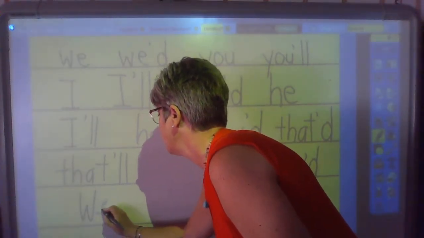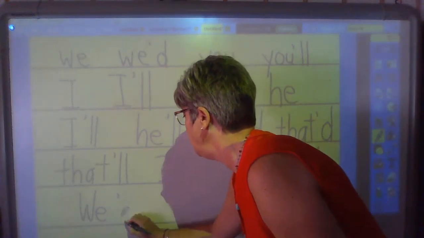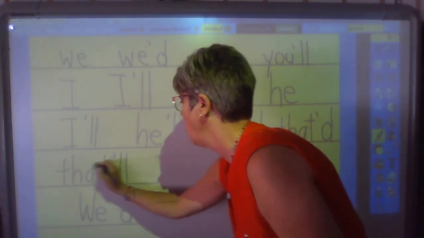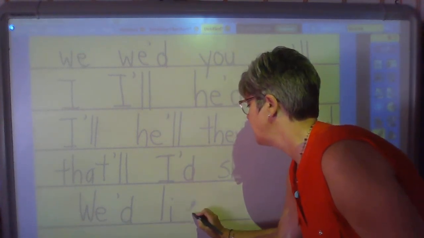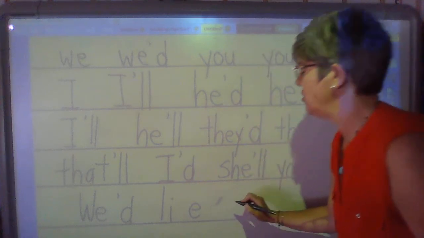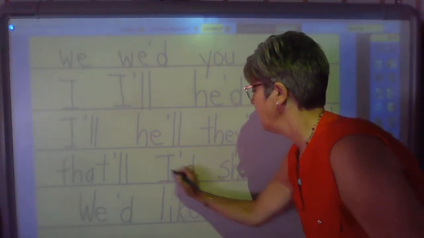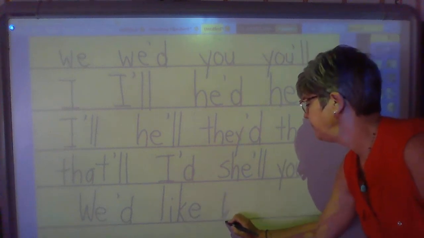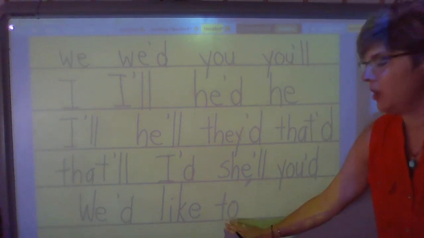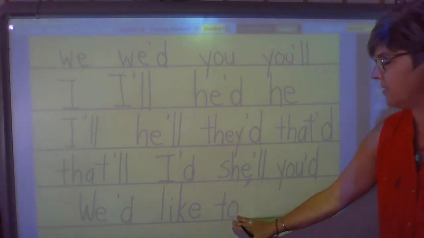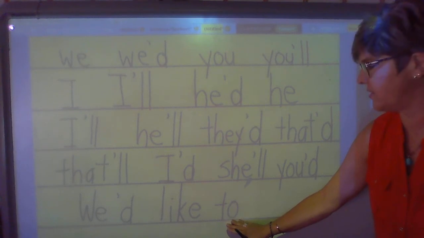Sound w, sound e, blend and hold. We'd. Sound, l, sound, i, blend and hold. Like. We can't blend this word. It's to. We don't blend that word because when you say the word to, it doesn't sound the way that it looks.